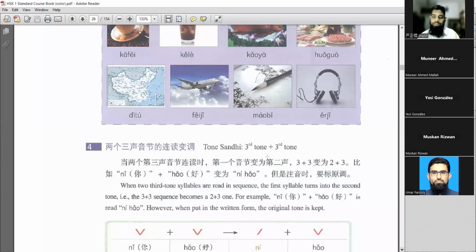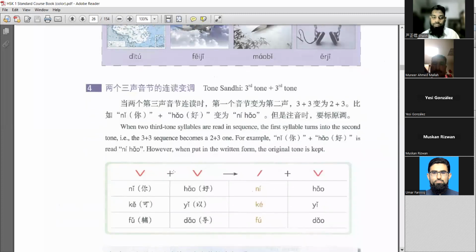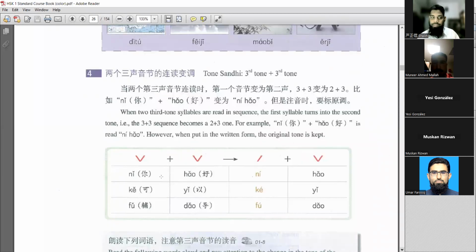But what if you find two third tones consecutively? When you find two third tones consecutively, the first third tone will change into the second tone.